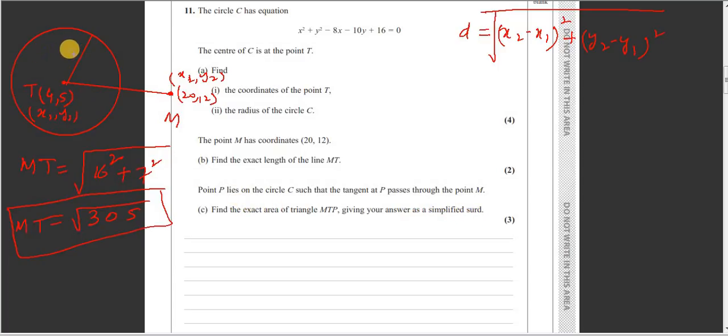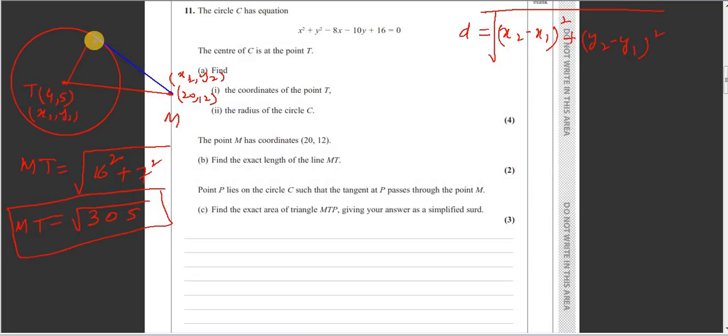Okay, so on the circle, you have a point P that lies on the circle such that the tangent at P passes through the point M. So this is the point M, and somewhere you can plot P, it doesn't matter, but I have already drawn, so I'm considering it like this.